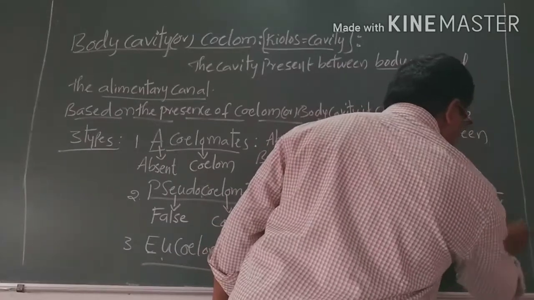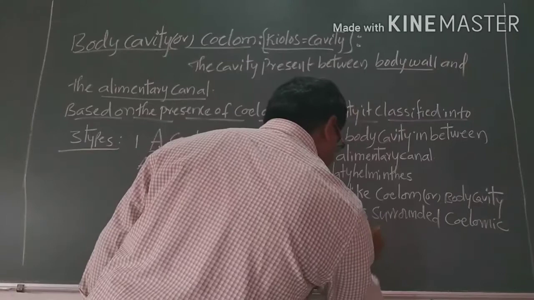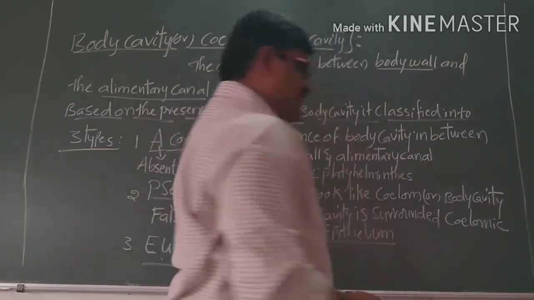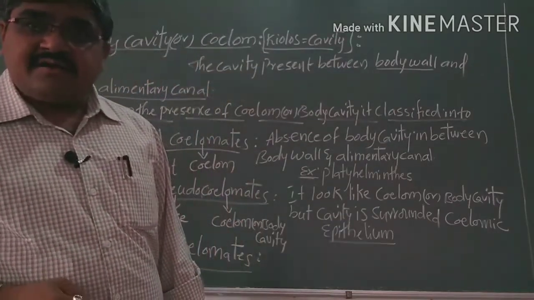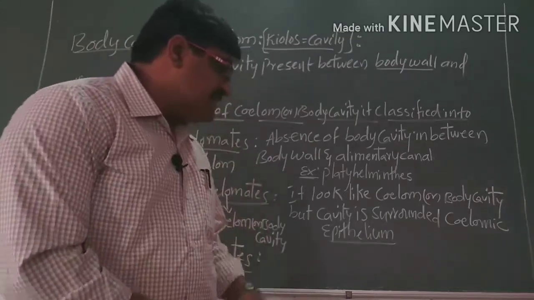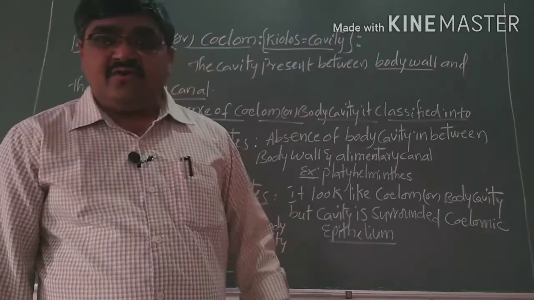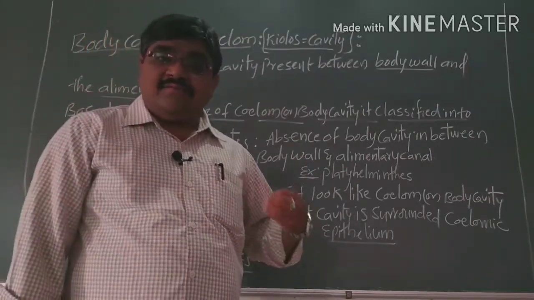That means it looks like the coelom, but the cavity is not surrounded by coelomic epithelial cells. Such a body cavity is absent in the proper sense between the body wall and the alimentary canal.